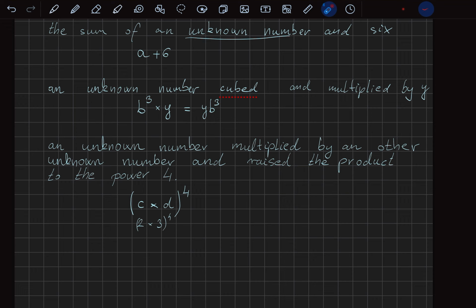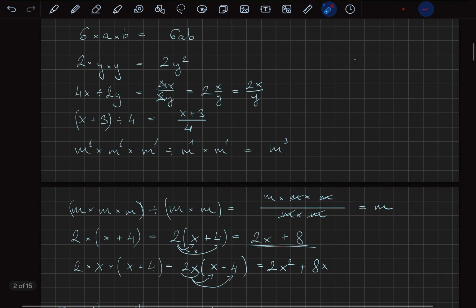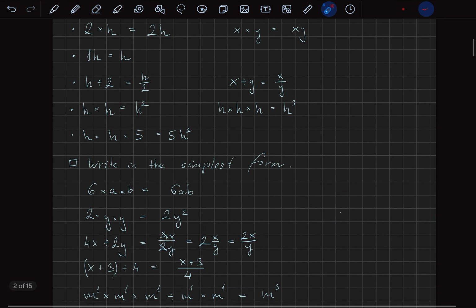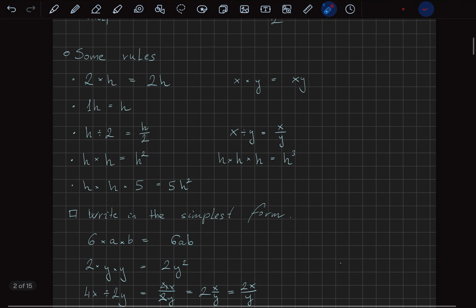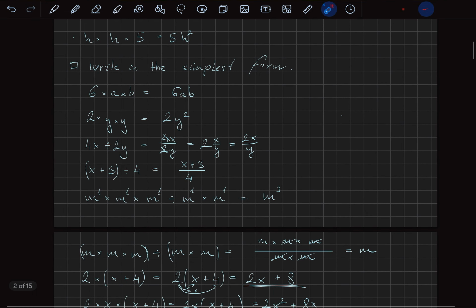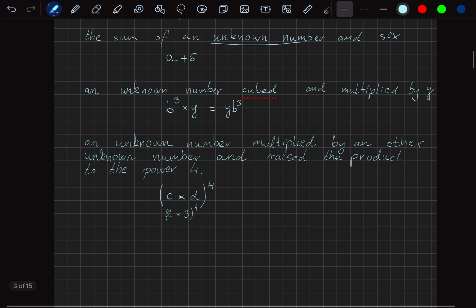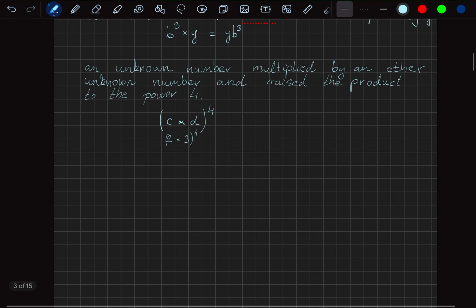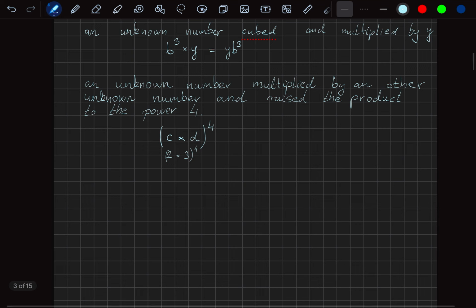I also wanted to say one more thing. We don't have an example, but I will bring another one. For example, if I write a times b times 6, write in the simplest form, we every time start with the number and after that we write the letters.